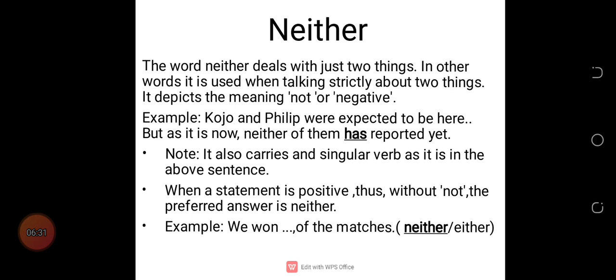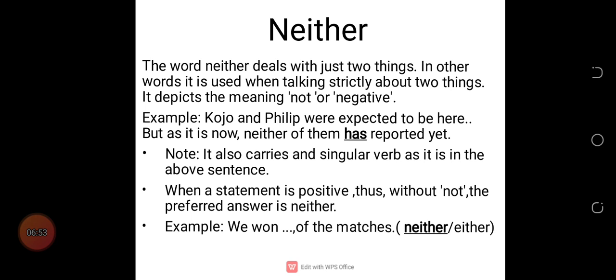We cannot say we didn't win neither of the matches. The didn't there is already negative. So where we have positive, we go for neither. So let's see. We won neither of the matches. What is the meaning of this? It means they lost. Take note of that.